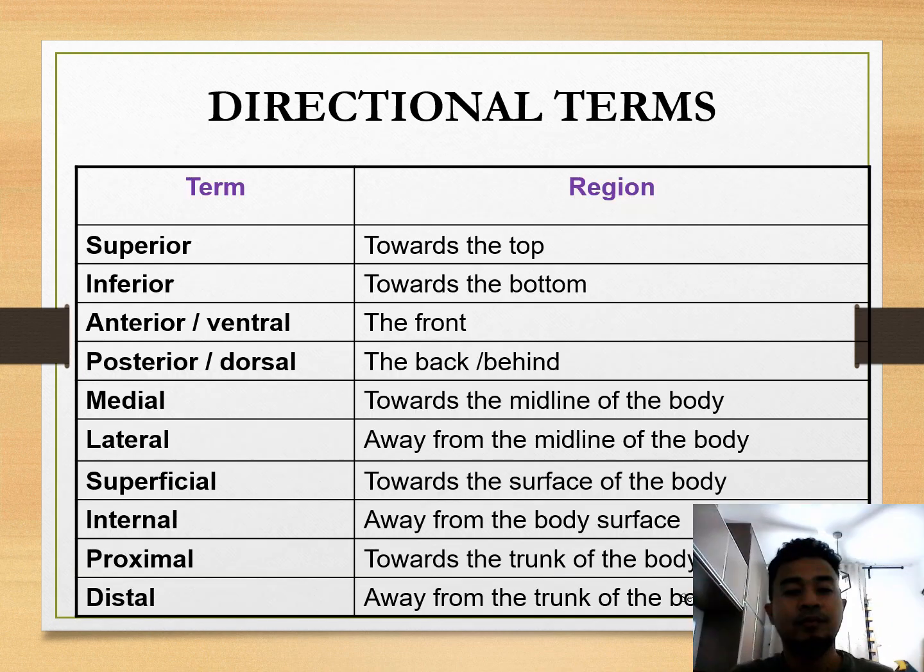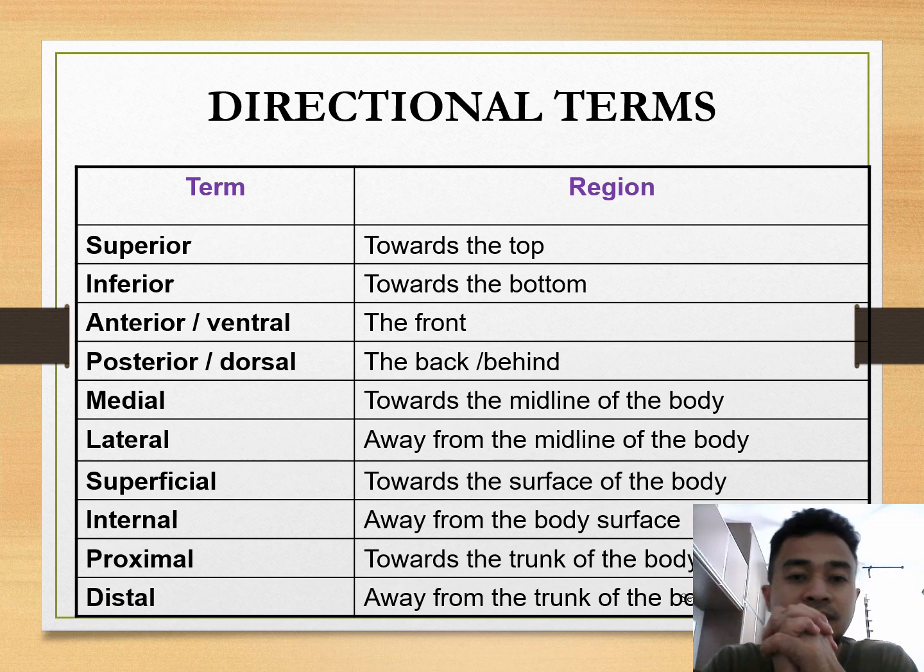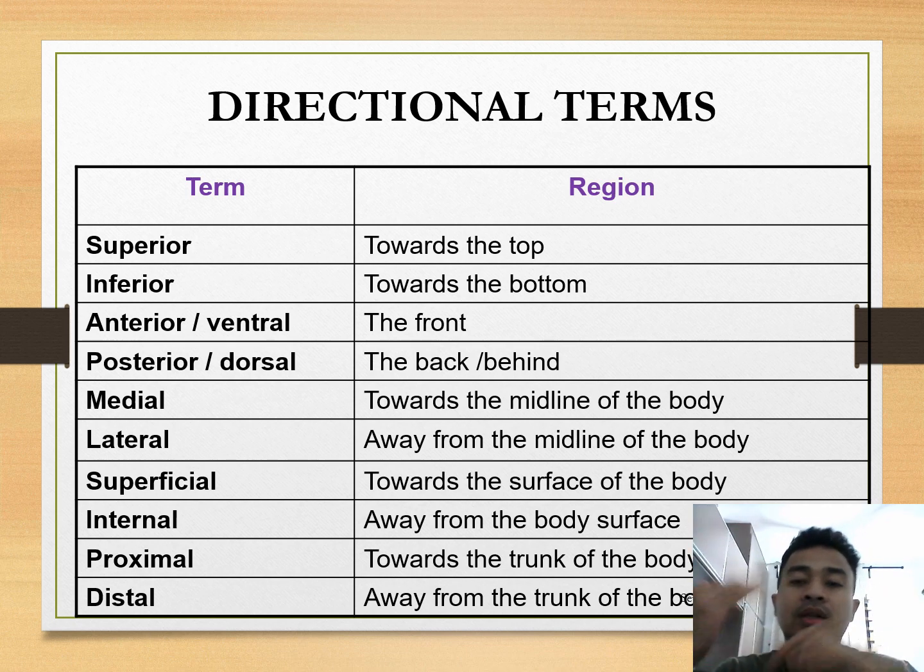Now the directional terms. We have a direction for each part of our anatomical position. Superior is toward the top, inferior is toward the bottom. Ventral is everything in front.